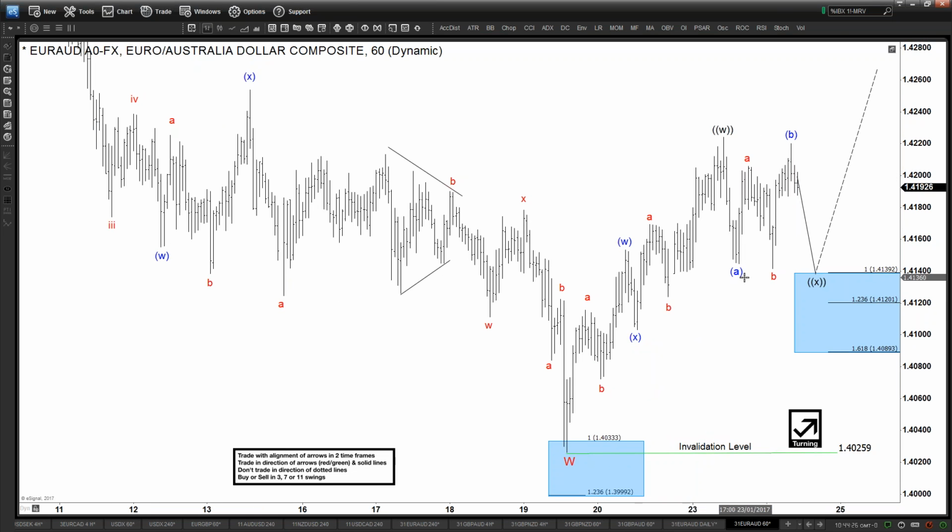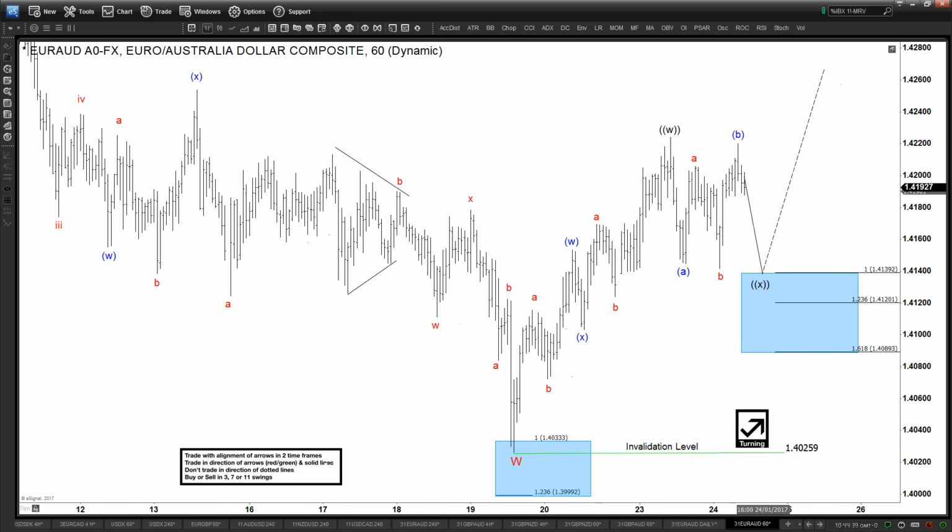So A, B, C, B. Or of course, if it breaks a high, then your X ended here already, unless it's going to be an expanded flat or a triangle. But if it breaks a high, you call X completed over here. Until then, it still can make another push low to this area and then turn higher.